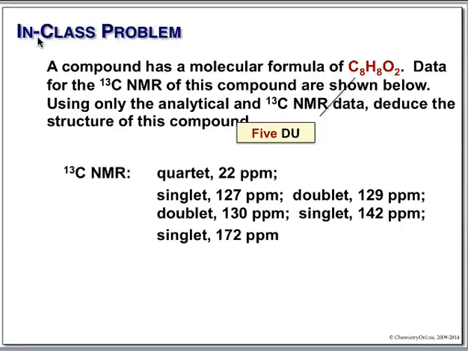Looking at our quartet here, it's moderately shielded, so about 22 parts per million. This is going to be a simple methyl group. The next group tends to come between 127 and 142.